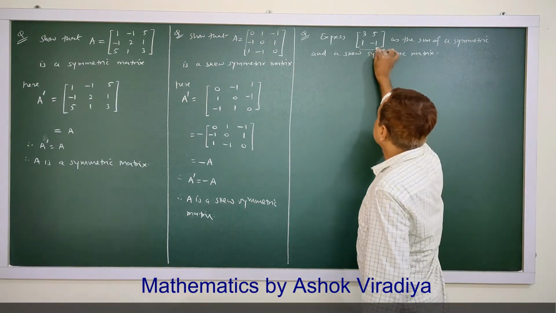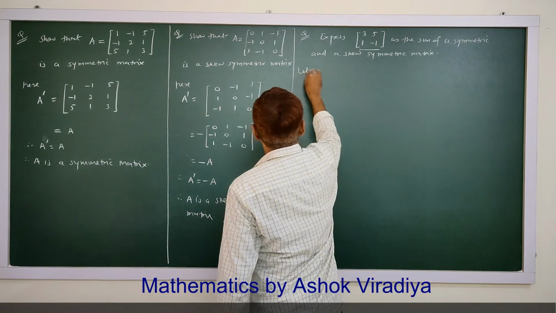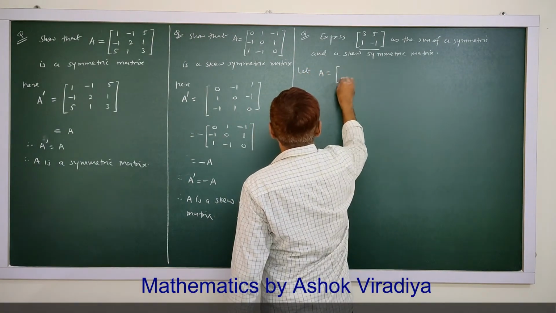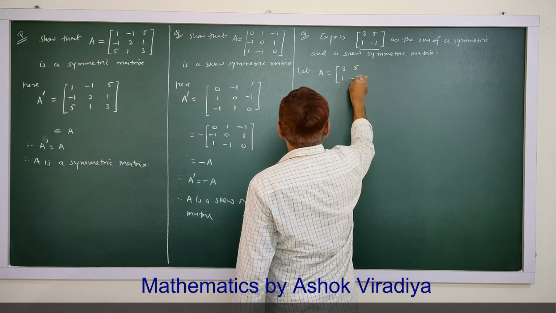Let me say this matrix is A. A is [3, 5; 1, minus 1].